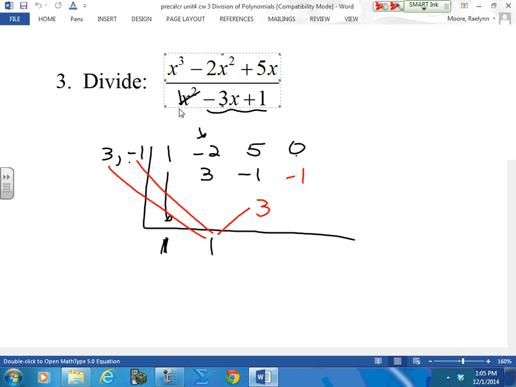I stop because I completed these, and this time around, I'm at the end of my lines up top. So now I combine everything. What is a 5, a negative 1, and a 3? 7. And this brings down negative 1.